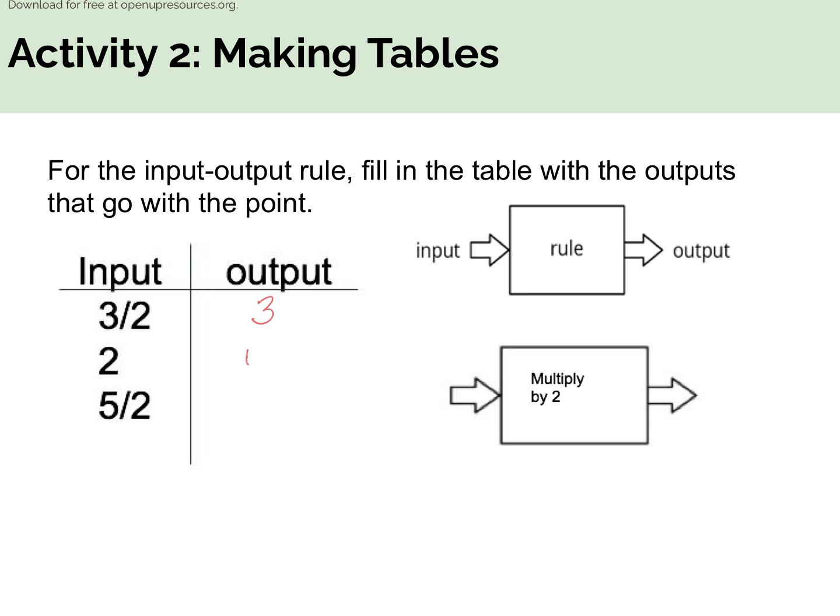That answer is 4. Then we have 5/2, multiply that by 2, and we have 5. So this is a way of using an input-output table, with inputs, outputs, and a table along with our rule diagram.